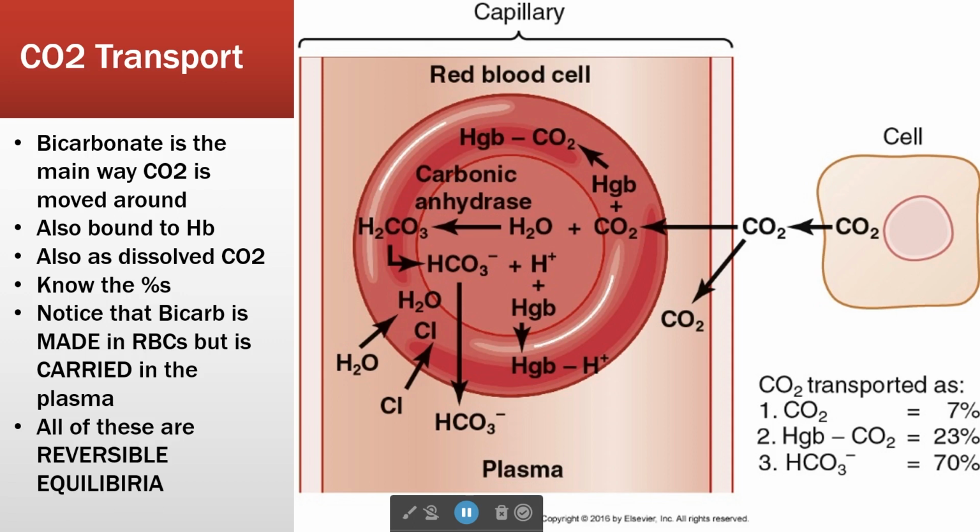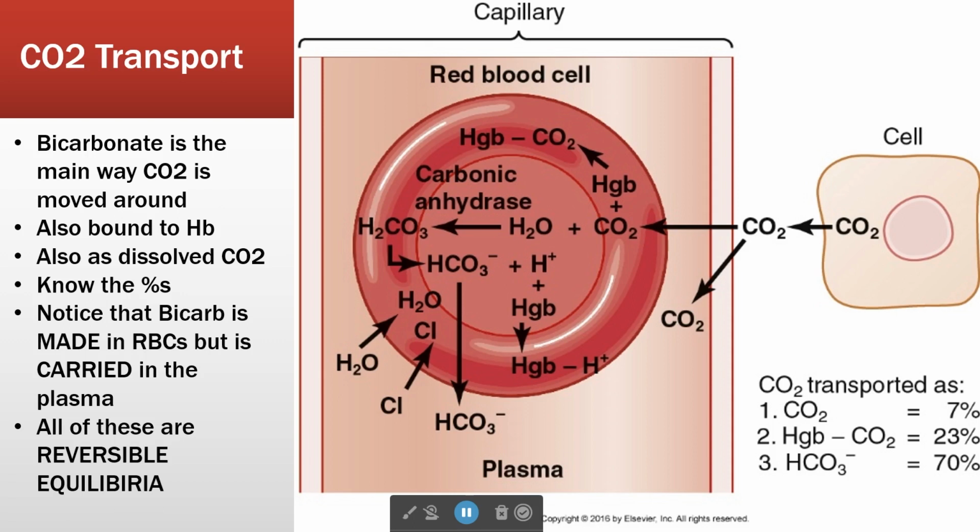So that's the 70%. The 23% attached to hemoglobin: in the lungs, as hemoglobin becomes more saturated, as it goes up to the flat part of the saturation curve, it pushes the CO2 off, right? So as hemoglobin saturates, CO2 is evicted. CO2 diffuses out into the lungs and gets breathed out, right?